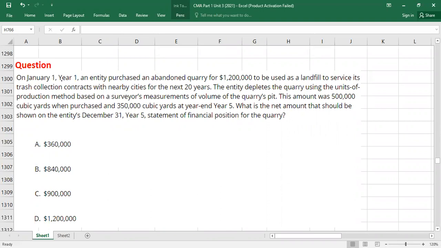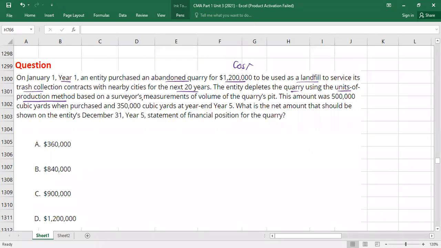So they are saying on January 1, year 1, an entity purchased an abandoned quarry for $1.2 million. This is the cost. It will be used as a landfill to service its trash collection contracts with nearby cities for the next 20 years. The entity depletes the quarry, meaning depreciates it, using units of production, the output method.